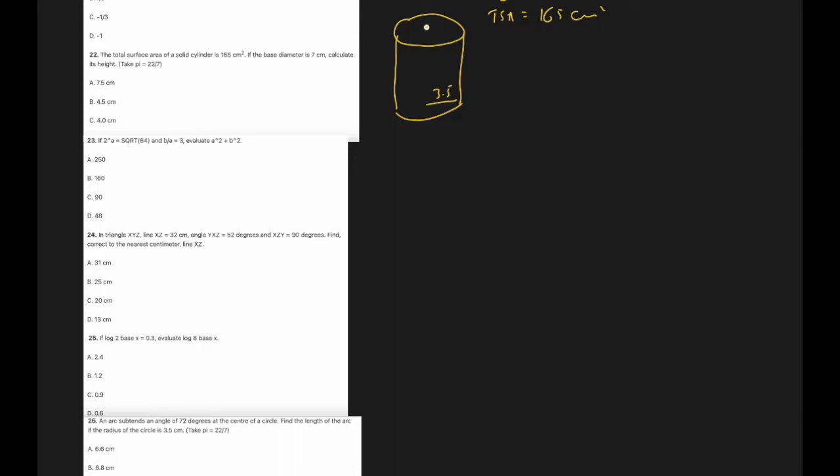So the total surface area of a solid cylinder is 2 pi r (r plus h). This is the formula. So we know everything. It is equal to 165. 2 times 22 over 7, r is 3.5, (3.5 plus h) equal to 165.